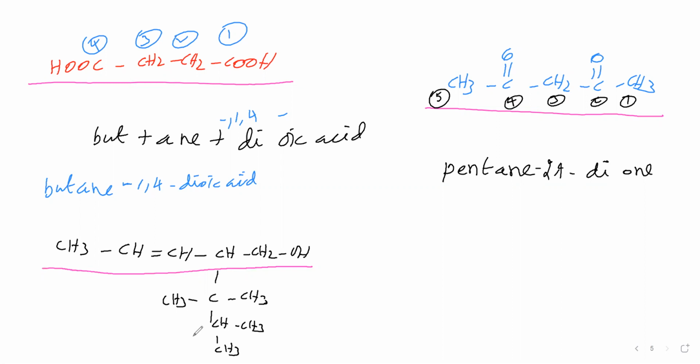Okay. Next, this is a branch. In the branch, see how many carbons there are. Is it 1 carbon to say methyl, or 2 carbons to say ethyl? It is just like a complex.